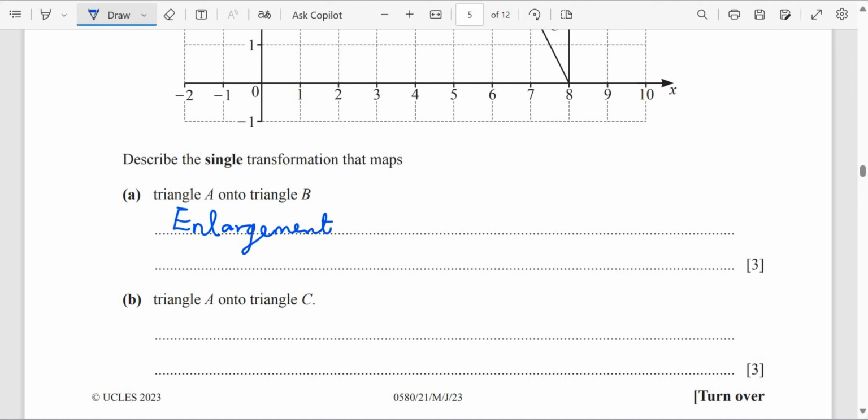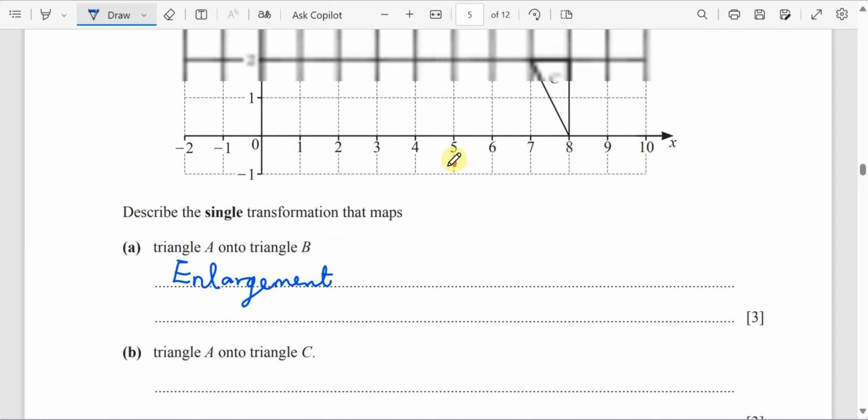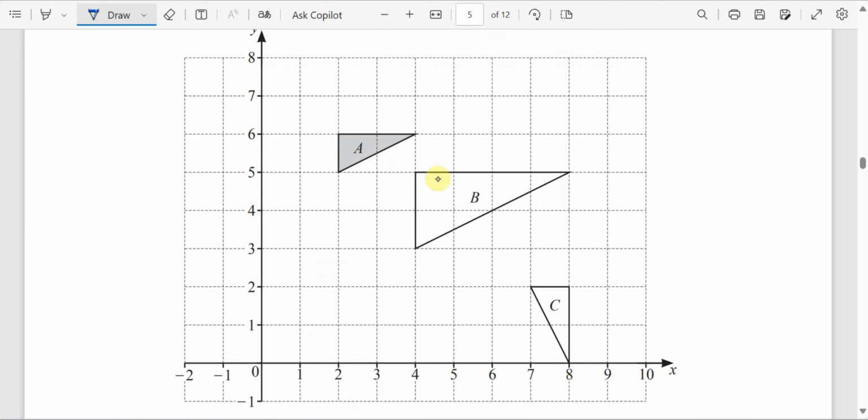Okay, so now let's see the other things that we need to write here. Because it's an enlargement, there must be a scale factor. So let's see. 1, 2, 1, 2, 3, 4. So this is being multiplied by 2. We can also check to confirm.